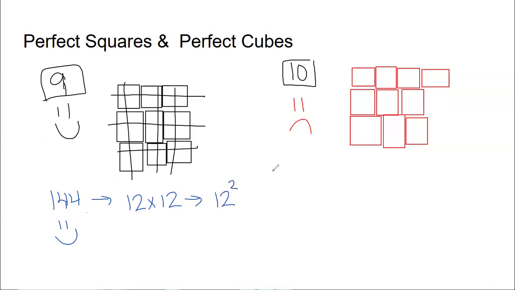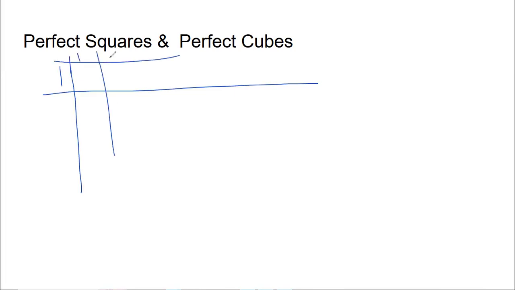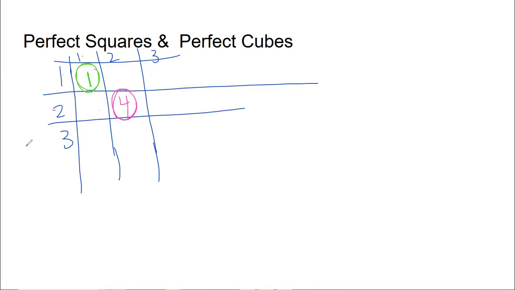So this is where it's really important to know your times tables from elementary school. They have the perfect squares on them up through 12, right? So if you think about your times table, I'm not going to write the whole thing, don't worry. The diagonal of the times table is where your perfect squares are. Now there's more than that, but those are the first several. 1 times 1 is 1, that's a perfect square. 2 times 2 is 4, perfect square. 3 times 3 is 9, perfect square.